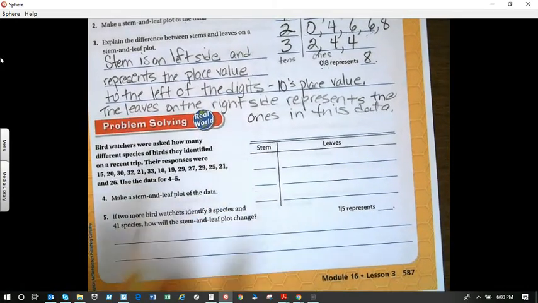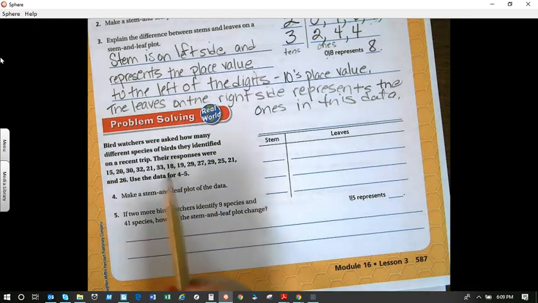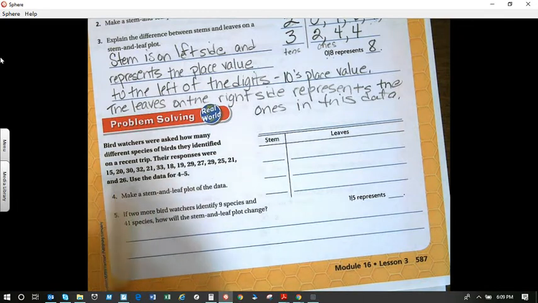Bird watchers were asked how many different species of birds they identified on a recent trip. The responses were 15, 20, 30, 32, 21, 33, 18, 19, 29, 27, 29, 25, 21, and 26. We're going to use this data to fill in those blanks for 4 and 5 and make a stem and leaf plot.